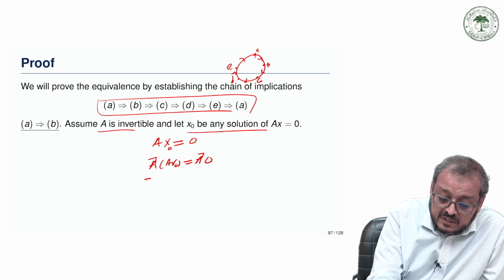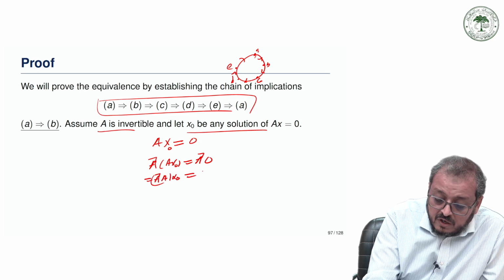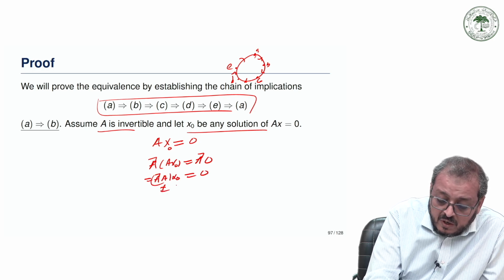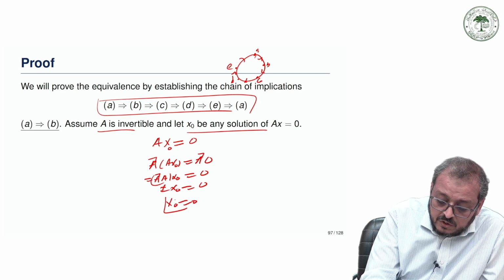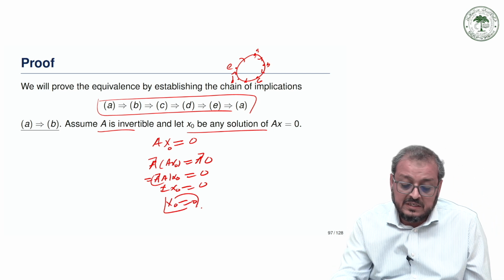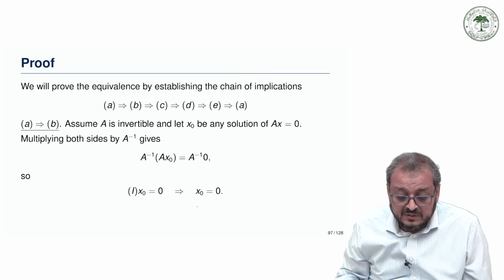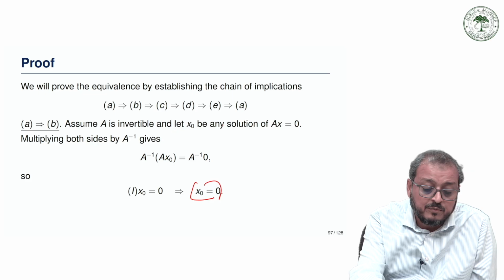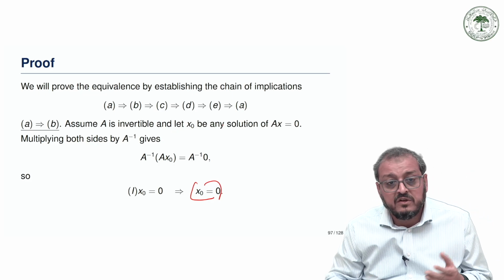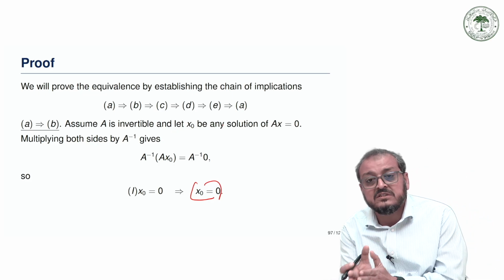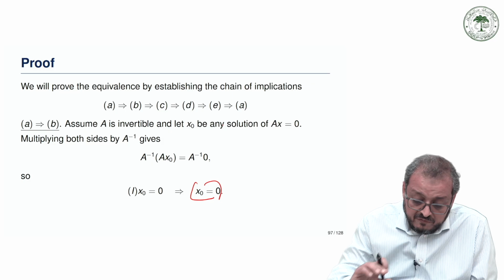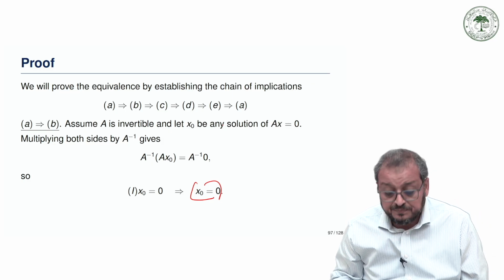This can be written as A inverse A, and we have x naught is equal to 0, so identity times x naught is equal to 0, which implies that x naught is equal to 0. Then it is the trivial solution. The proof is very trivial. So the system has only the trivial solution. If A is an invertible matrix and the system Ax is equal to 0 is homogeneous, then we have only the trivial solution.